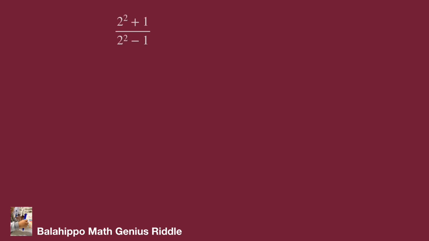So 2 squared plus 1 over 2 squared minus 1 equals 1 plus 2 over 2 squared minus 1 is the first rule. And 2 over 2 squared minus 1 transfers to 1 over 1 minus 1 over 3 is the second rule. Then the item is 1 plus bracket 1 over 1 minus 1 over 3 bracket.